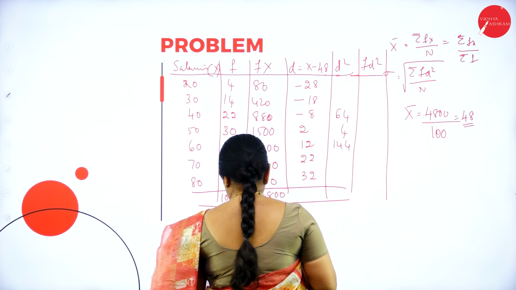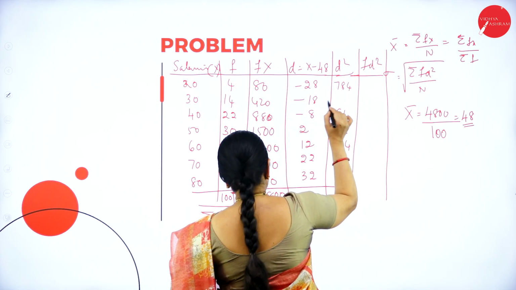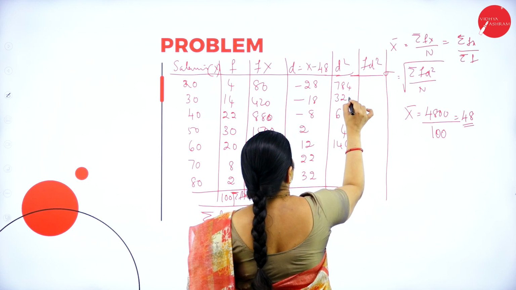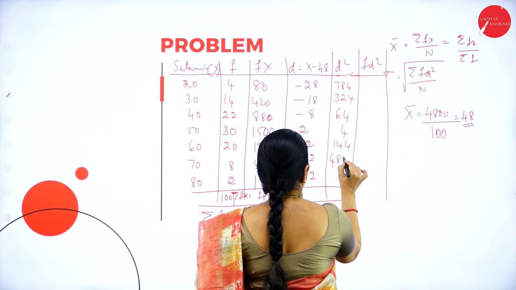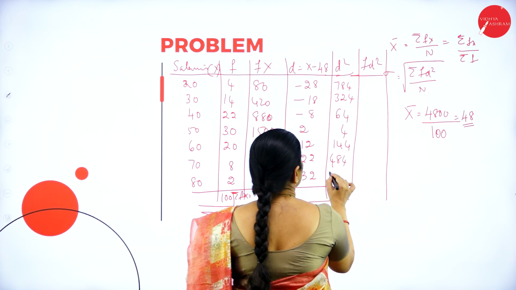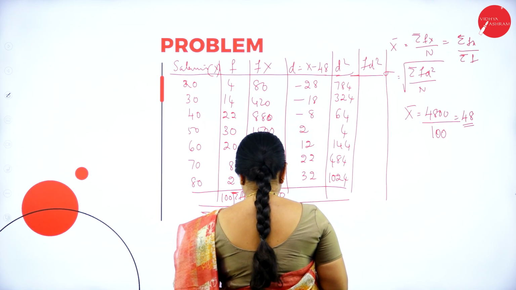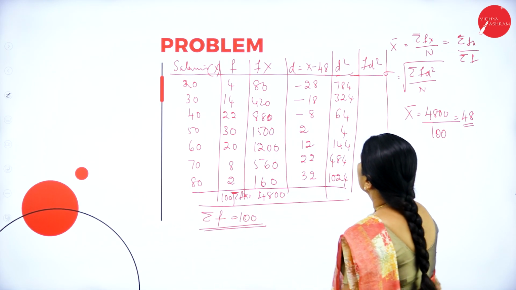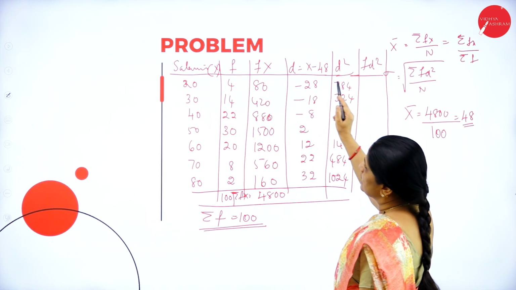So this will come up to 784, then 324, then we have 484, then 1024. So when we add, the next step will be f into d square, the frequency into d square.